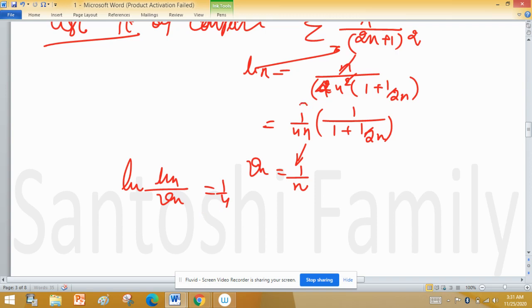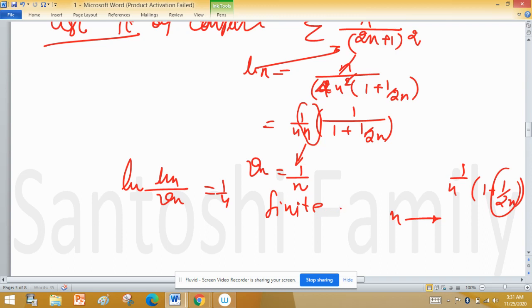Why? Because I consider 1 upon n as Vn, so 1 upon 4 times (1 plus 1 upon 2n) square. When n tends to infinity, this term goes to 0 and 1 upon 4 is left. So the limit of un upon Vn equals 1 upon 4, which is finite and not equal to 0.